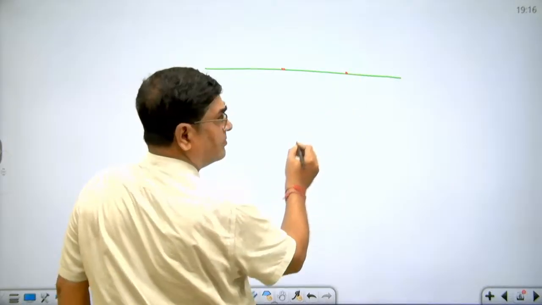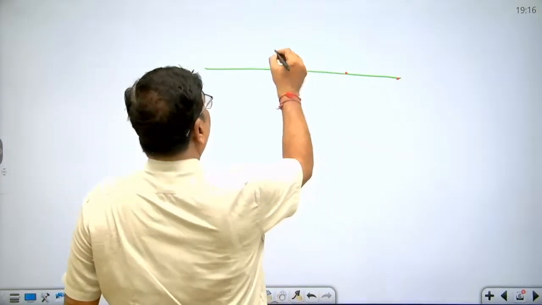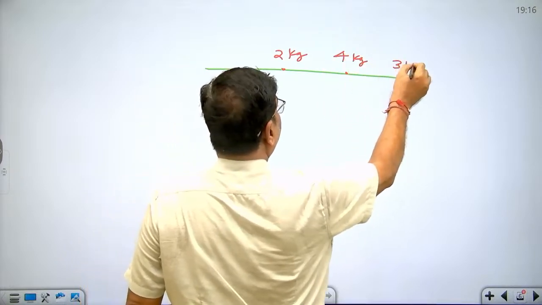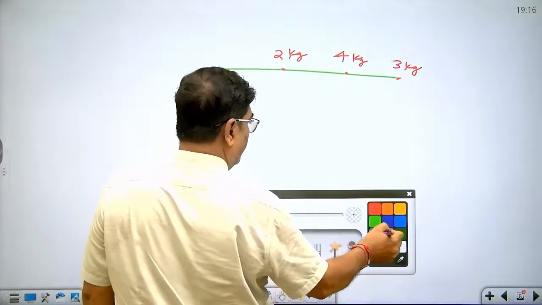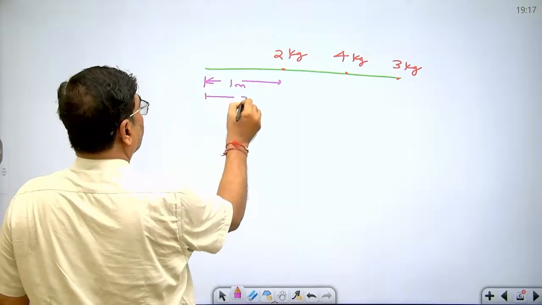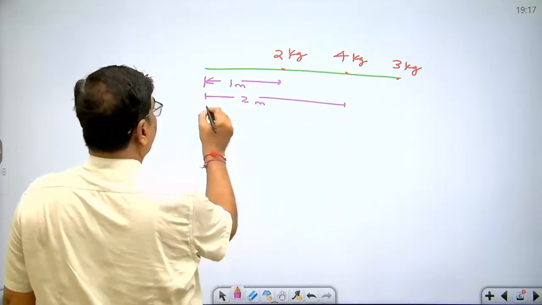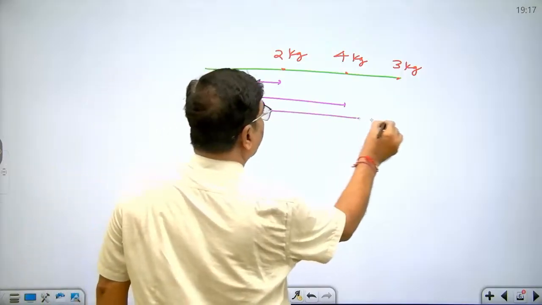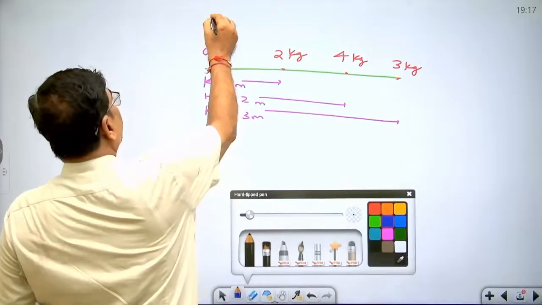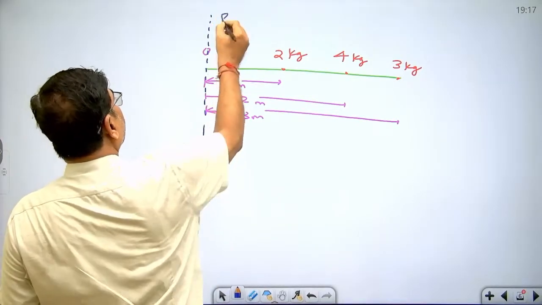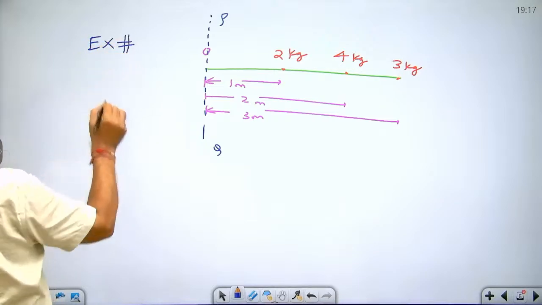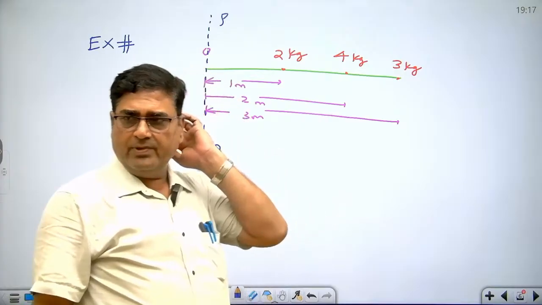Let us assume that 2 kg, 4 kg and 3 kg point masses have been kept at distances 1 meter, 2 meter and 3 meter from reference point O. Then find the moment of inertia of this point mass distribution system about axis PQ, and also find the radius of gyration.